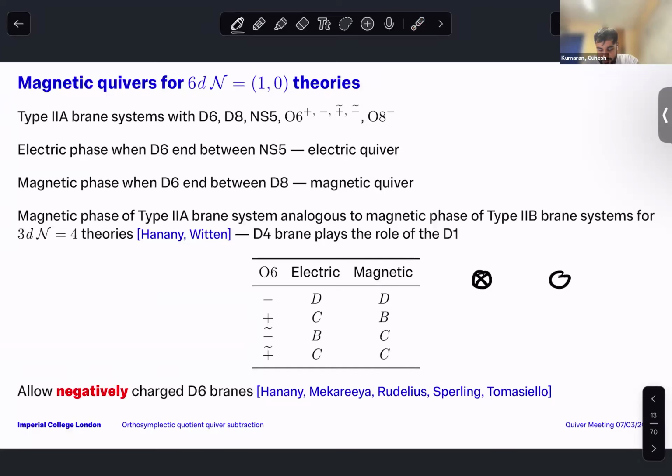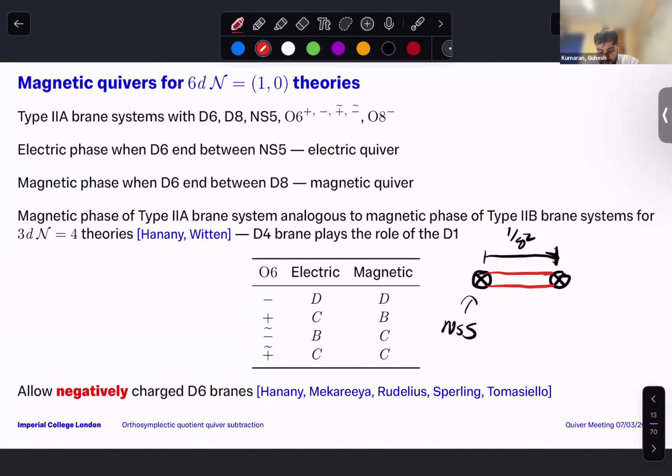Typically, when you have a separation of NS5s, so the crosses are NS5s, there is an associated length, which is like the inverse gauge coupling. Now, when I have negatively charged branes, which are denoted in red, we don't have such a thing anymore. So there is no associated tensor multiplet where there are negatively charged branes in an NS5 interval. Okay.